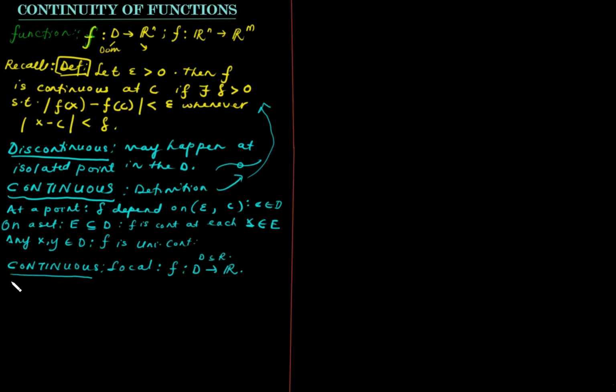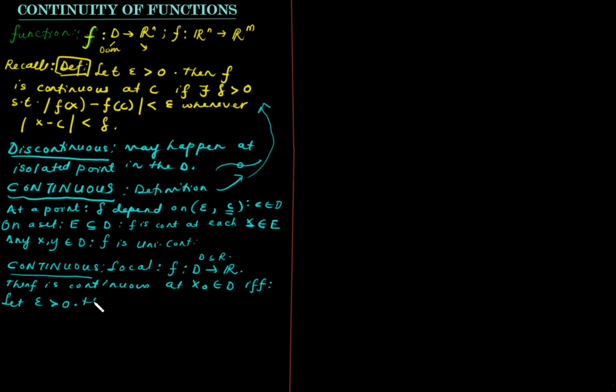Then we will say f is continuous at x. I'm going to pick a particular point, in this case x naught. Above here I said c, but here I'm going to use x naught in the domain if and only if this definition follows. Of course, as I said, always start with: let epsilon be greater than 0 be given.